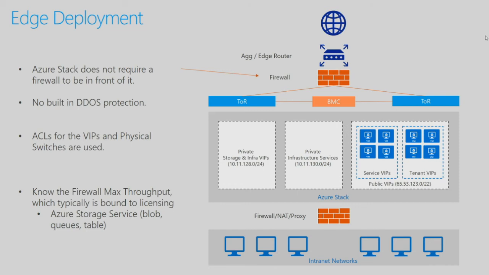But we still do recommend it in order to protect against DDoS attacks. This is really where the firewall brings in enhanced technologies to help you with DDoS protection. In this deployment scenario with the edge deployment, if you take your focus on the Azure Stack box, on the public VIPs, in this scenario we really use public routable IPs.